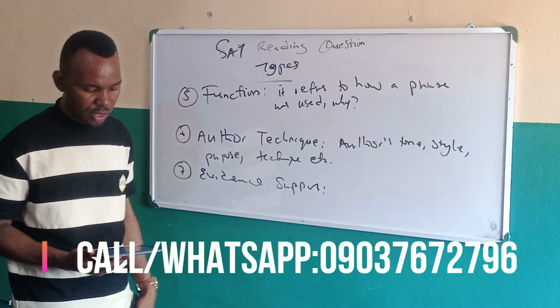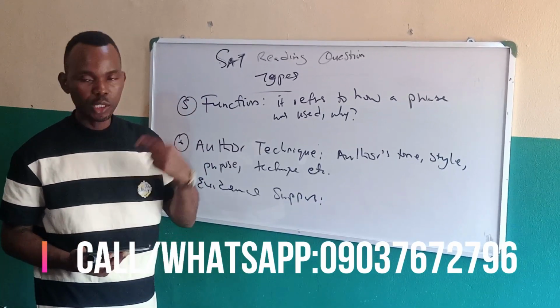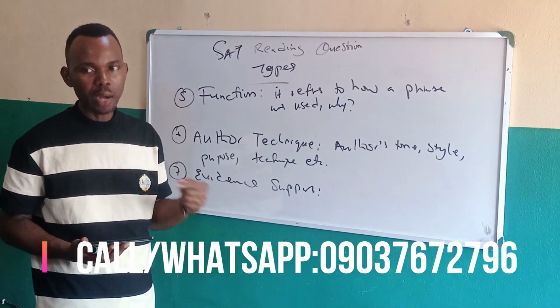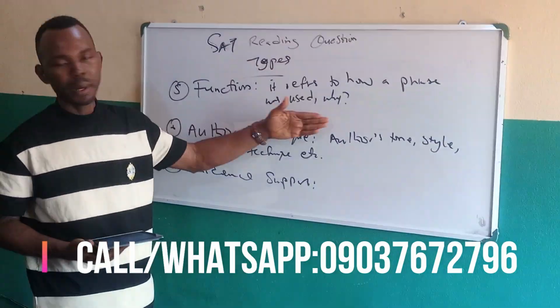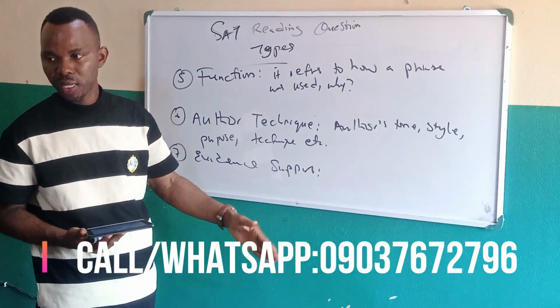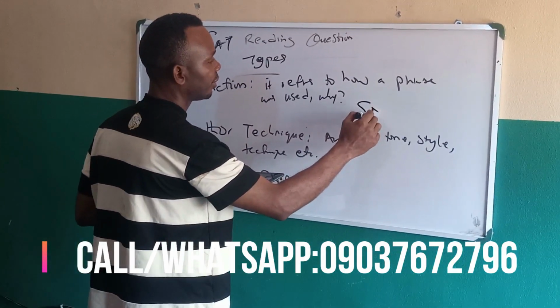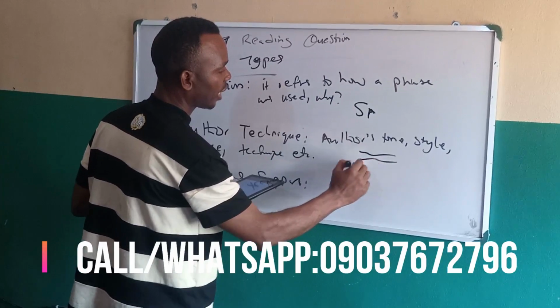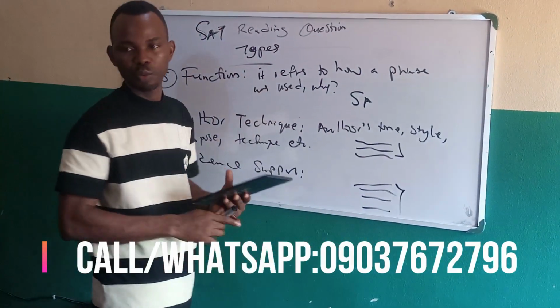So you may have questions like, the analogy in the final sentence of passage 2. Now, passage 2. That means you can have passage 1, passage 2, passage 3, and all of that. In SAT, actually, a passage is what you call a paragraph. Do you understand? So if I have one like this, one like this, one like this, this is passage 1, this is passage 2.